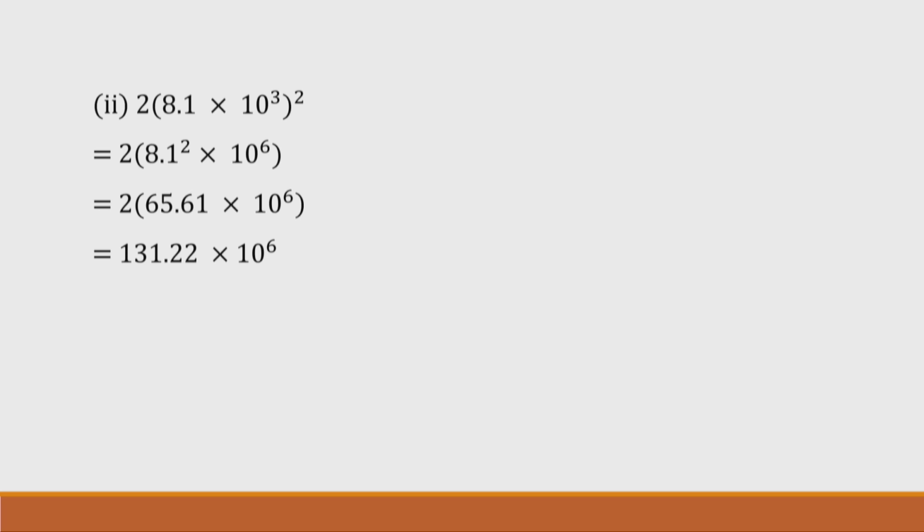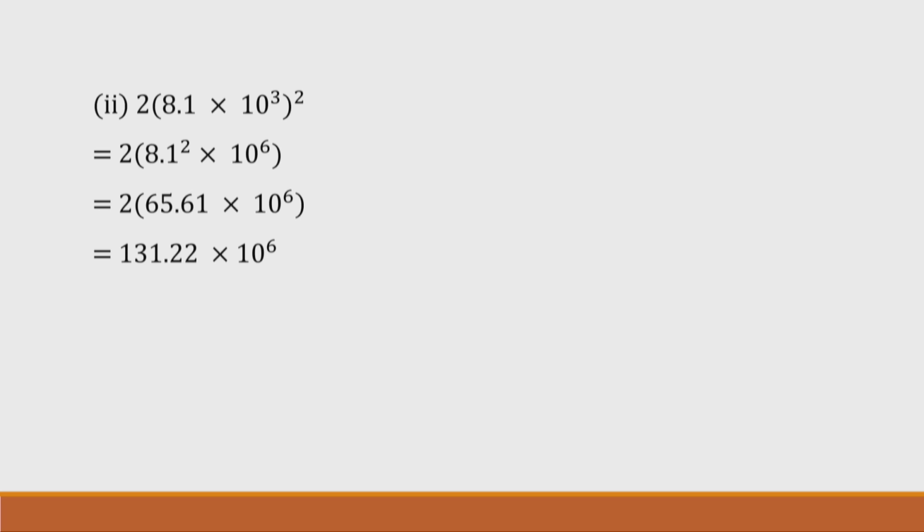Now, if you look at this line, is the number in standard form? No. 131.22 times 10 to the power of 6 is not in standard form because our a here is not between 1 and 10.